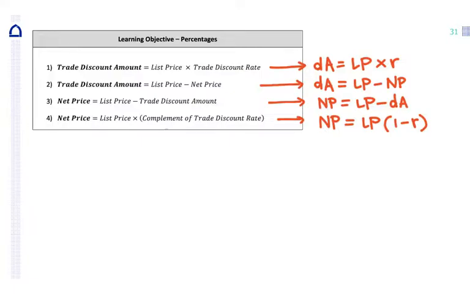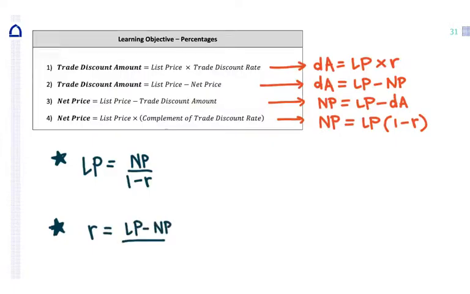Now, there were 2 more formulas that are not on the formula sheet that you could either memorize or you can get by rearranging those formulas. And the first one is that if you want to find the list price, you can rearrange that formula number 4 and just say it's the net price divided by 1 minus the discount rate. And then the other formula that's not explicitly on the formula sheet, but that you can get by rearranging things, is to say, okay, the discount rate is the list price minus the net price divided by the list price.